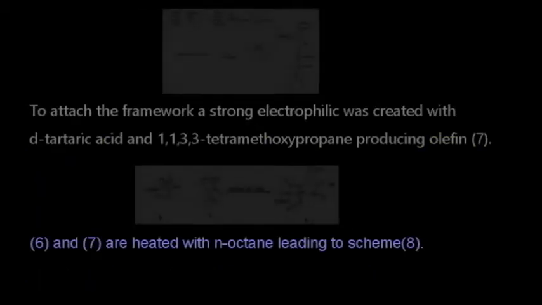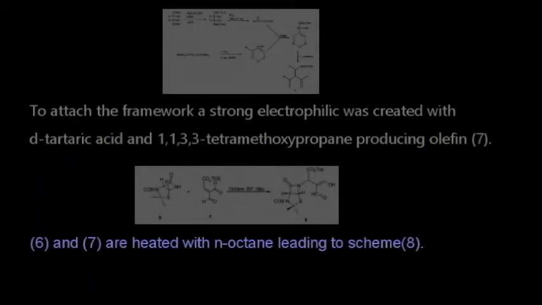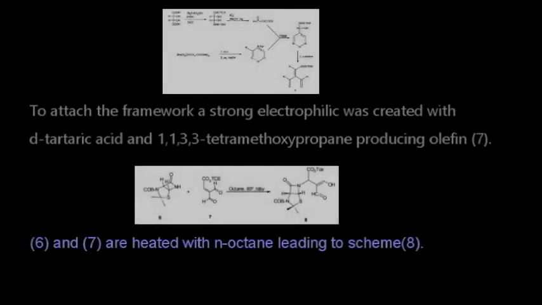In order to attach the framework of beta-lactam, a strong electrophile has to be created. Thus, D-tartaric acid and 1,1,3,3-tetramethoxypropane are combined to produce an olefin that is numbered as 7.